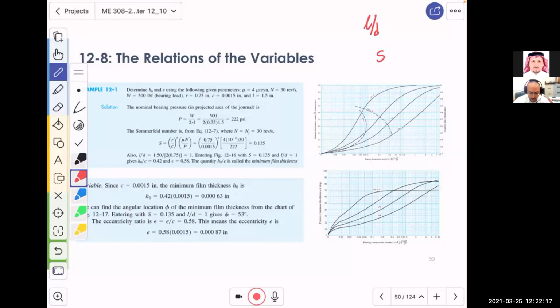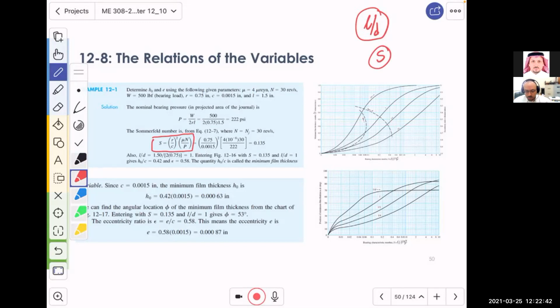We said that while this is a geometrical number, if you are not designing, usually the geometry is known. And the S number, which is obtained from this equation, again, if you are analyzing, then the dimensions R and C would reasonably be known.